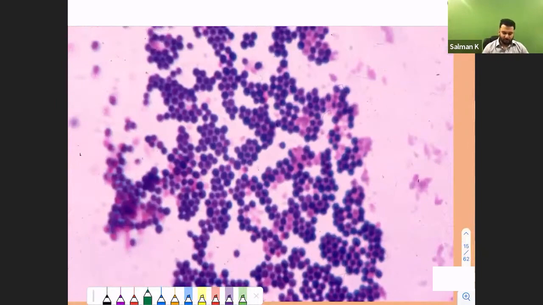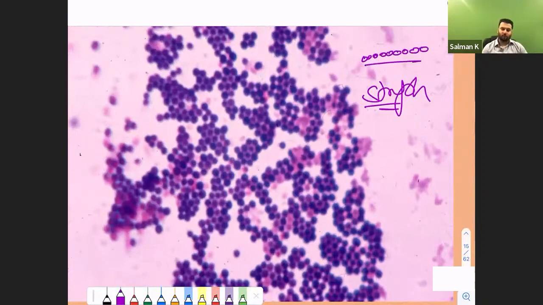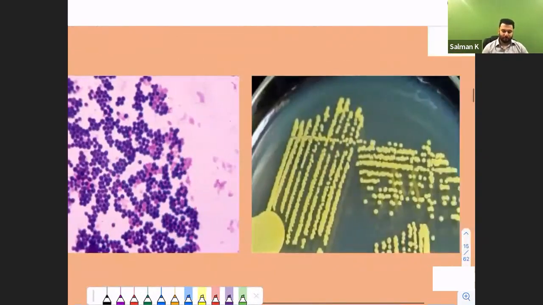If you see purple colored cocci in clusters, it is considered to be staph. If you see this rather in chains like this, then you should say it is streptococci. In chains, it is streptococci, and in clusters, it is staph. So that's about that.